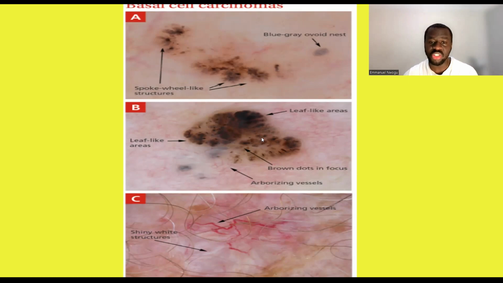When they are small, like you see those small ones, you call them dots. When they're bigger, like these, you call them globules. When you see this kind of features, it tells you that the skin lesion is likely to be suspicious for a malignant process.